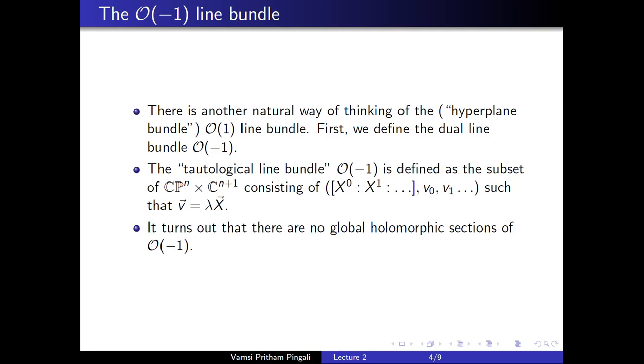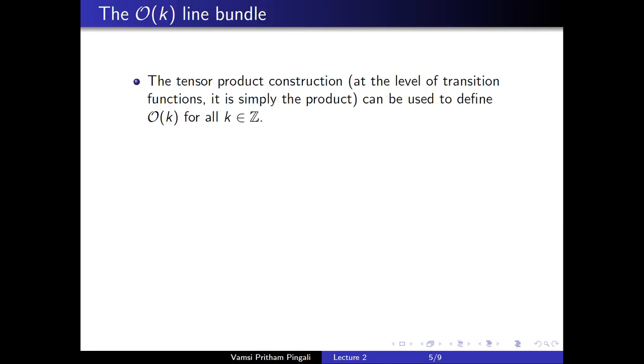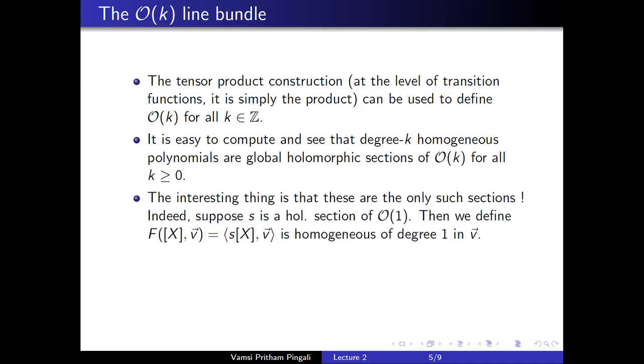So in particular, S of x acts as a linear functional on these vectors that are on this line, right? So if I take S of x, it acts as a linear functional on v and spits out a complex number. So given x and v, we are spitting out a complex number, right?